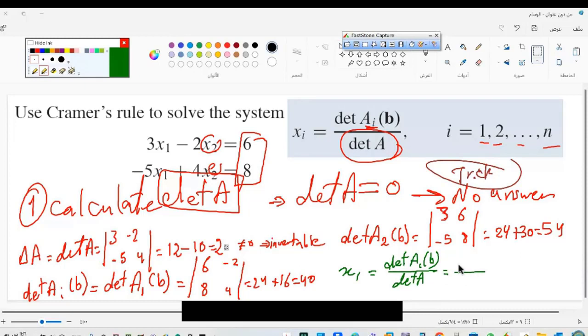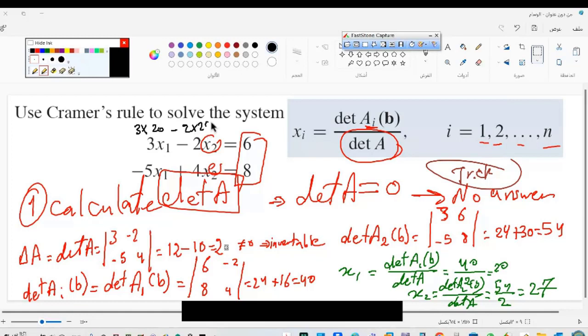It is 40 over 2, it's 20. x2 is delta A2(b) over det A, 54 over 2, that means 27. That's the answer. How can we check? Take these numbers: 3 multiplied by 20 minus 2 multiplied by 27 should equal 6. Calculating, it's 60 minus 54. Yes, correct. Any question about this?